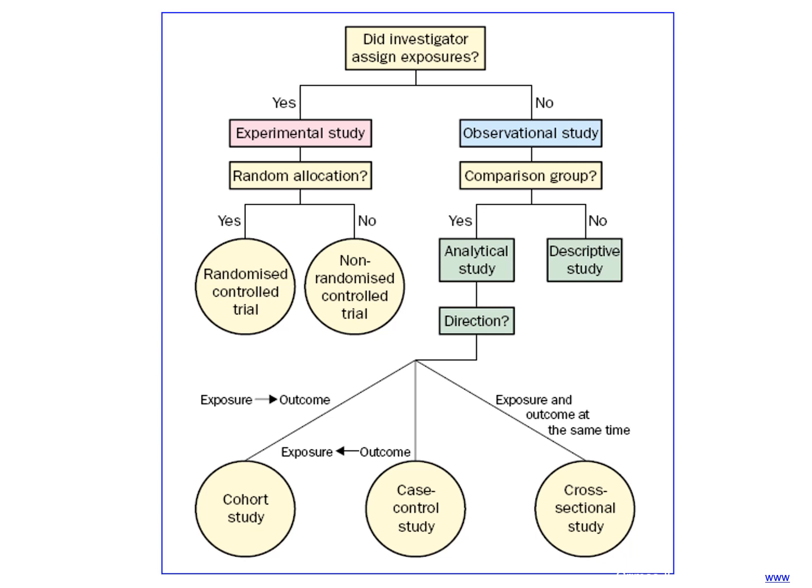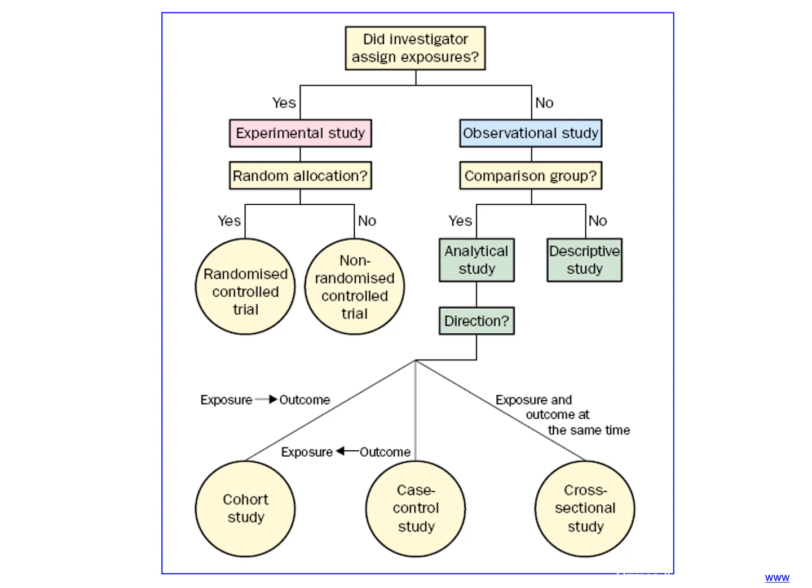If the investigator does not manipulate any factors, meaning he or she observes what happens in the natural environment, then it's an observational study. Going back to the left side of the screen, if there is randomization, then it's a randomized controlled trial. If there's no randomization, then it's a non-randomized controlled trial.